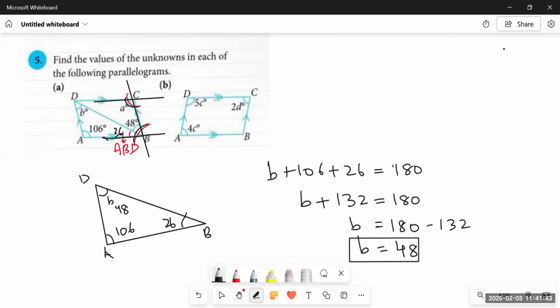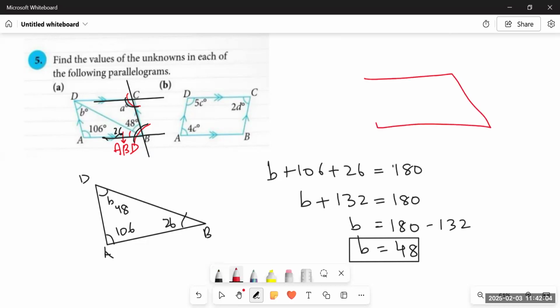And I also told you that in a parallelogram, if there is a diagonal line between two opposite corners, the alternate angles formed are equal to each other. That is, the angle adjacent to 26 is 48. So angle B would also be 48. If you want to learn this property, it would help you out.